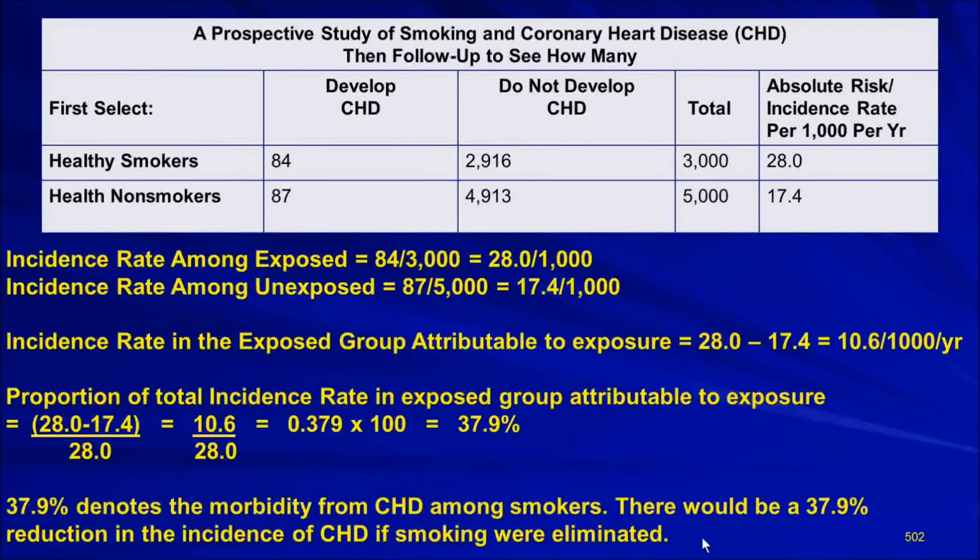Okay, now, this is a statistic you often hear on the radio or on television, when they're trying to promote the results of a study and telling you the benefits of it. And so proportion of attributable risk is one that you hear a lot, along with relative risk.